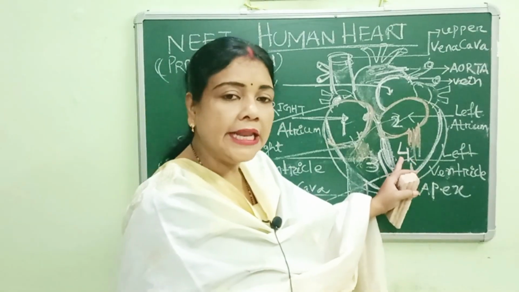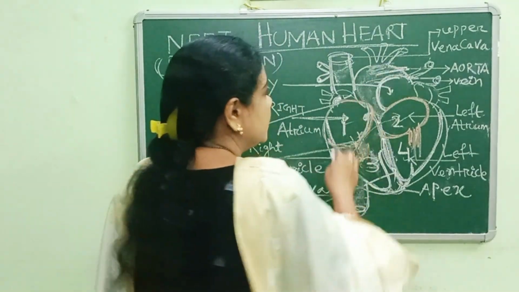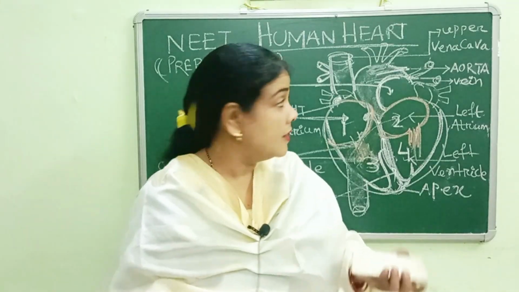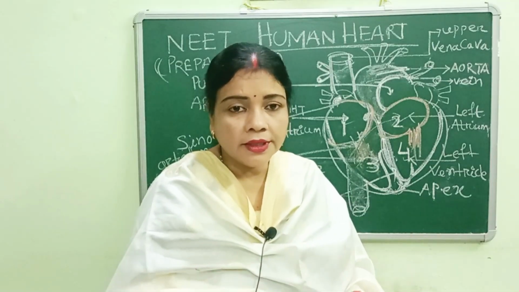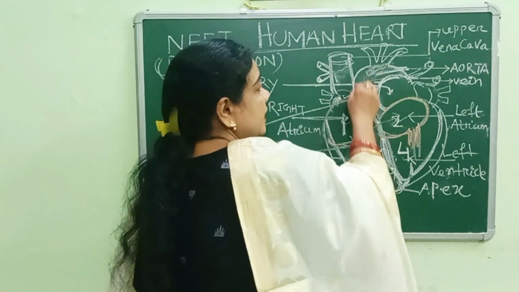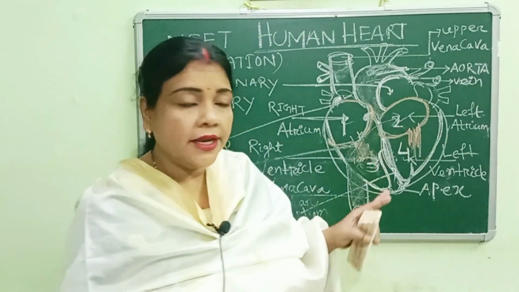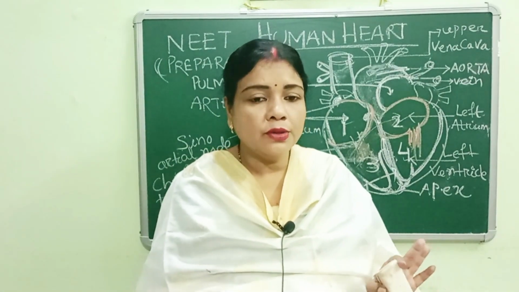Through this left ventricle, the oxygenated blood goes into the aorta. The aorta is the biggest blood vessel in our body. It carries the oxygenated blood, and from this aorta the blood is pumped to every part of our body.